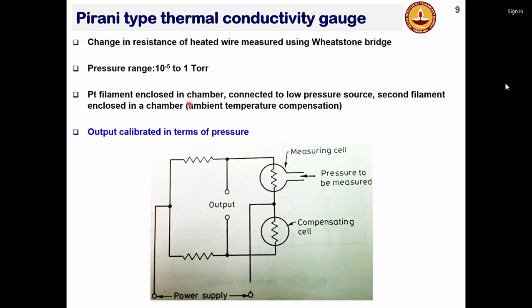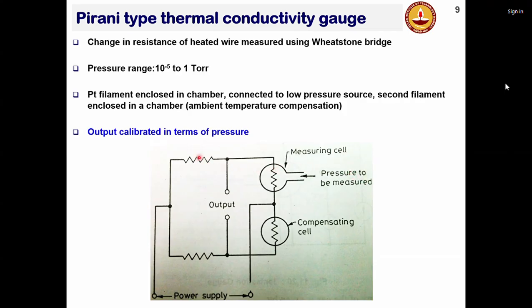First, let us look at the Pirani type thermal conductivity gauge. Here, the change in resistance of the heated wire is measured using a Wheatstone bridge. You can see the wire that we are talking about, inside a container which is the measuring cell, and this cell is connected to the source pressure.